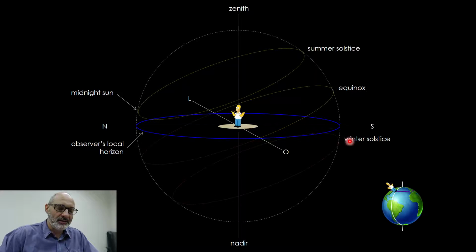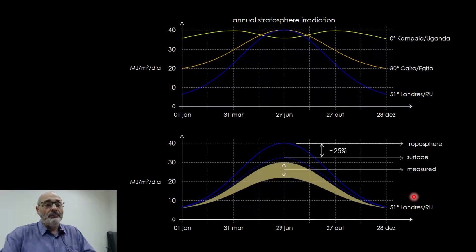It's below the observer's horizon during all the day, during 24 hours. That's the origin of the term midnight sun, because at midnight you can still see the sun when you are above the polar circle.